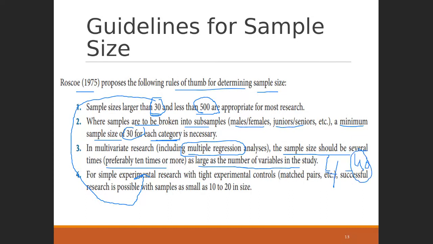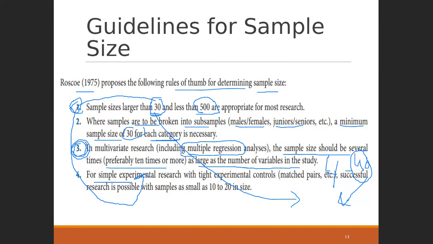Again, this is something which I will not recommend because at this sample size, 40 or 30, we cannot run some statistical tests. So I will discuss in my next slide. I will give you a more statistical friendly sample size formula for you.